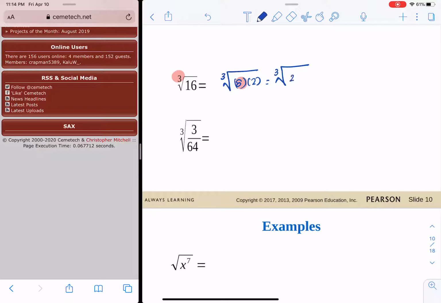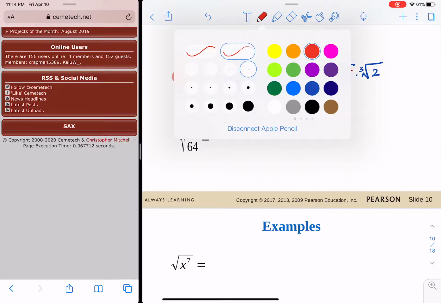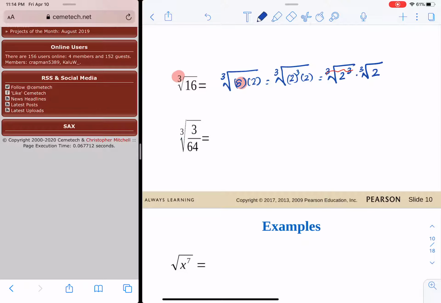So I could write it as 2 cubed times 2. Now I could split the roots using the product rule. So the third root of 2 cubed multiplied by the third root of 2. Those two go away, and we would simply have 2 times the cube root of 2.